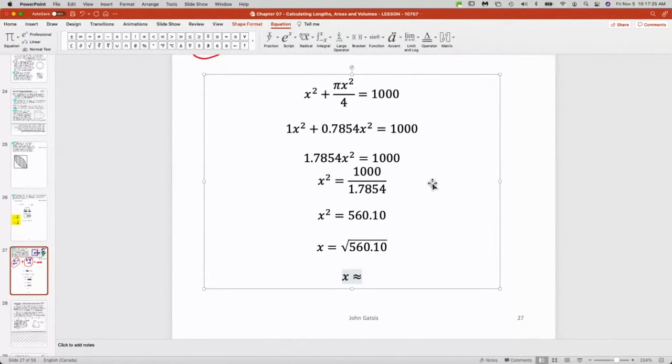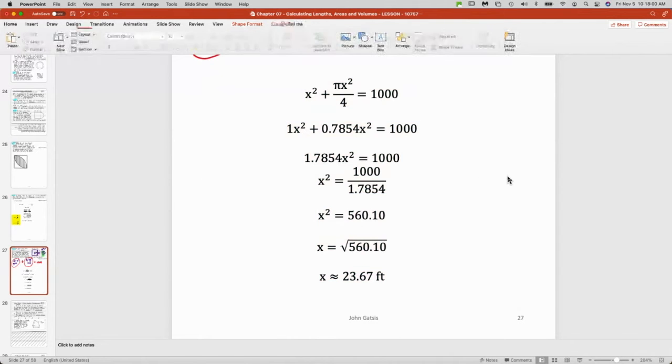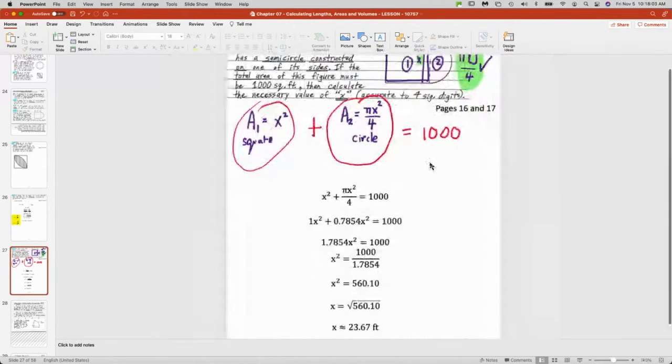And eventually you'll get a value of x of 23.67. Now, I'm looking at the answer. The answer doesn't say 23, so hopefully I didn't make a mistake here. But I don't know, I feel pretty good about this.